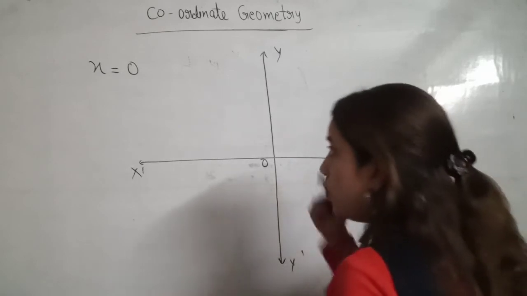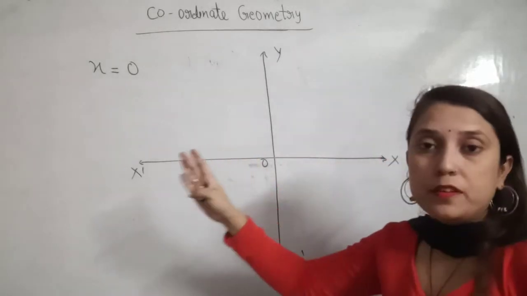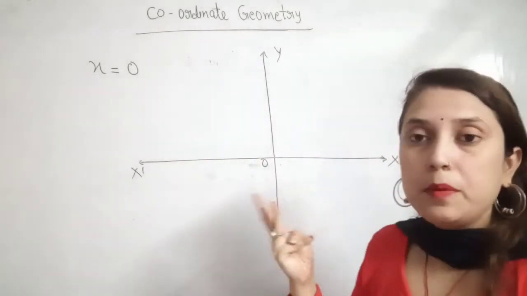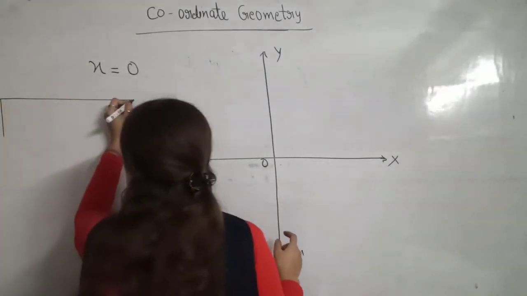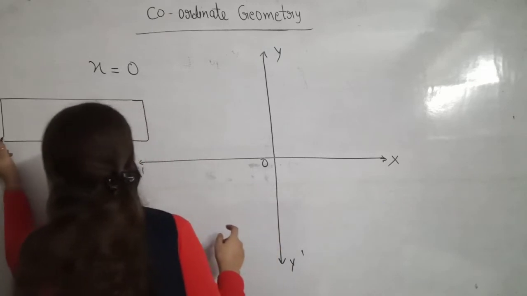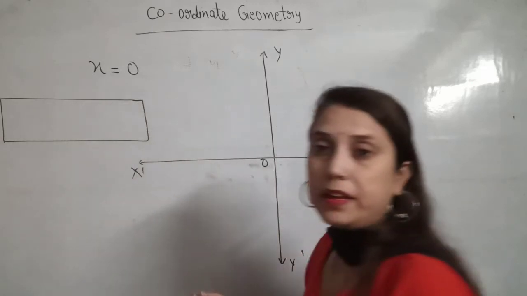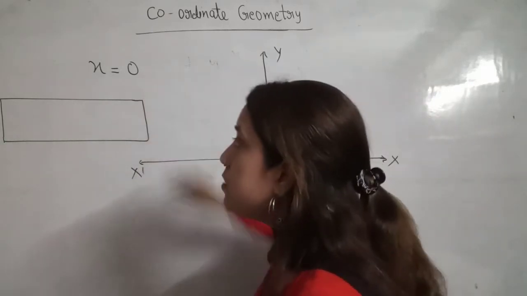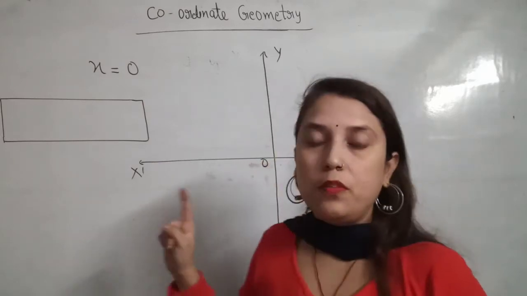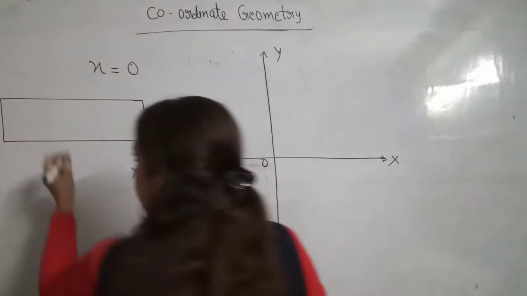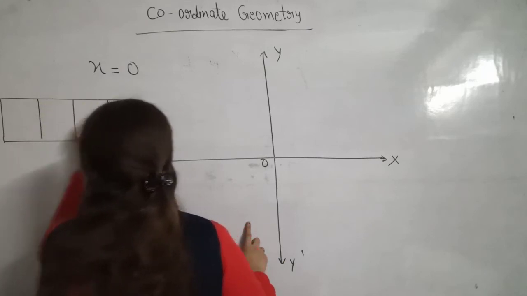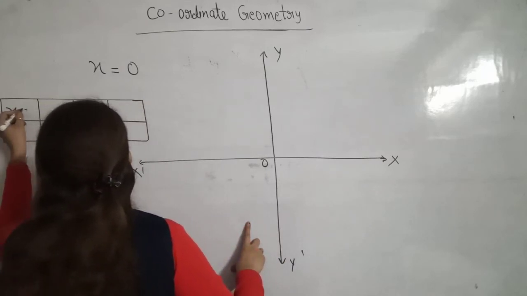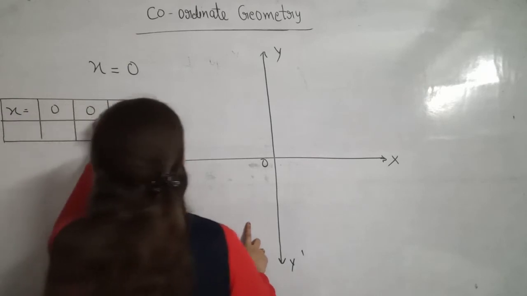Now whenever we draw the graph, first we find out a minimum of 3 values. First we draw the table, and we find the 3 points for the x-axis or y-axis. Here x is equal to 0 is given. It means the value of x will be constant. In each case, the value of x is equal to 0: 0, 0, 0.